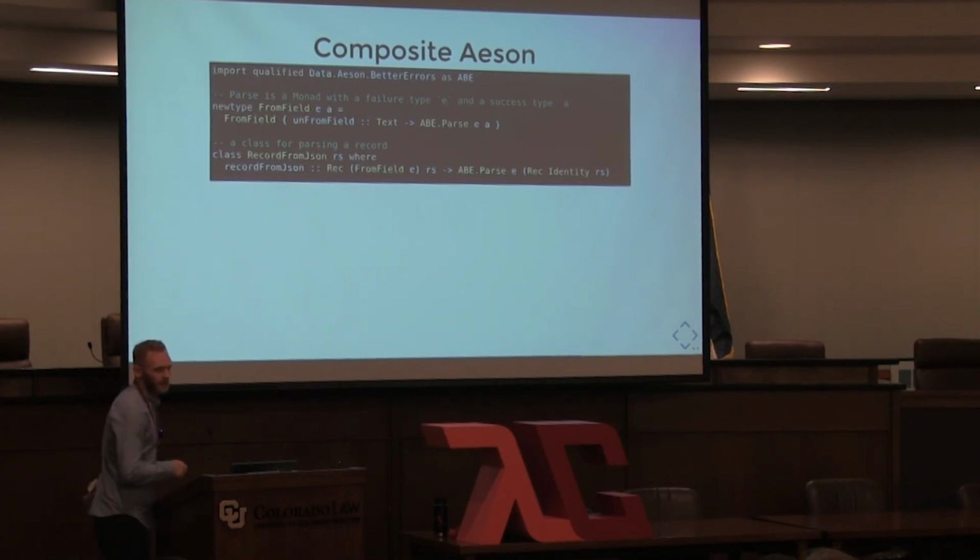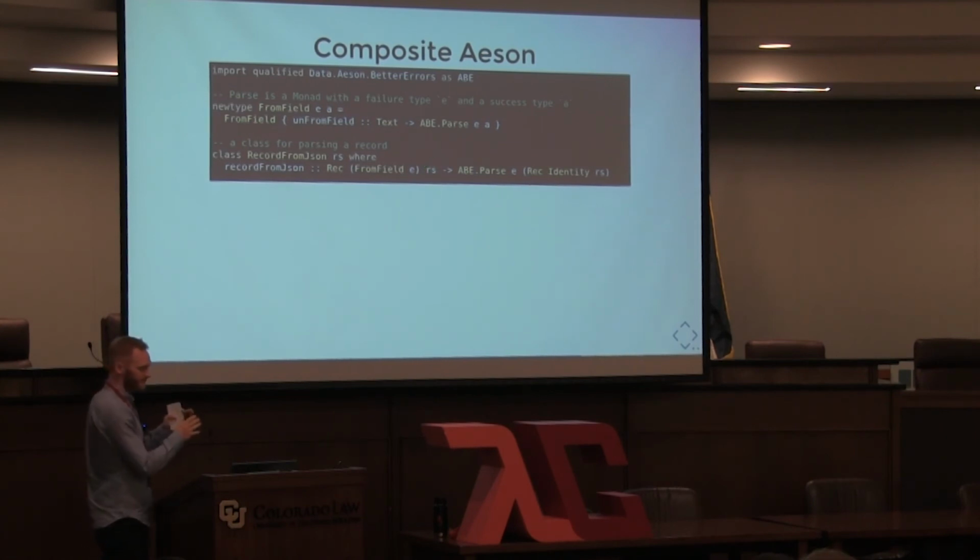And then we're going to declare a type class that says, given a bunch of these FromFields, so FromField E, where E is our error type, and a type-level list of fields. So this is like positional, right?